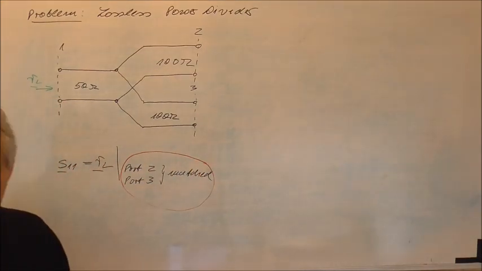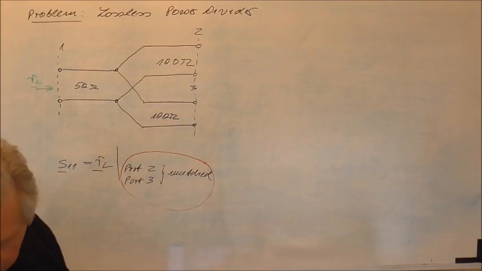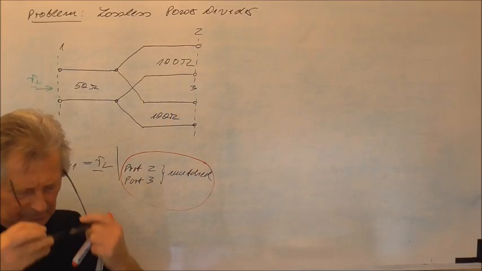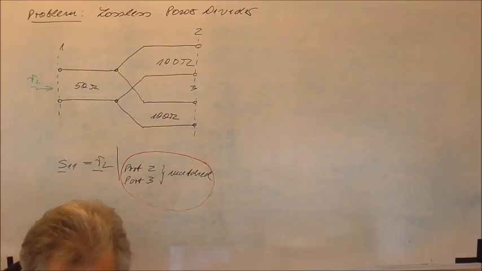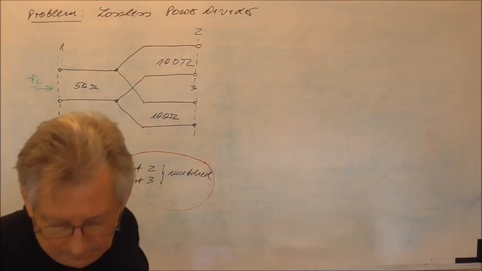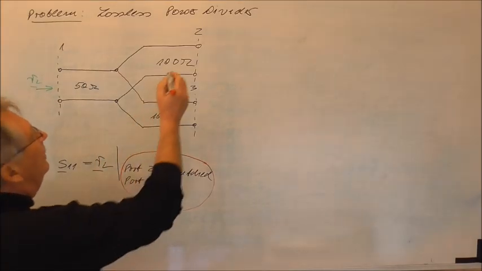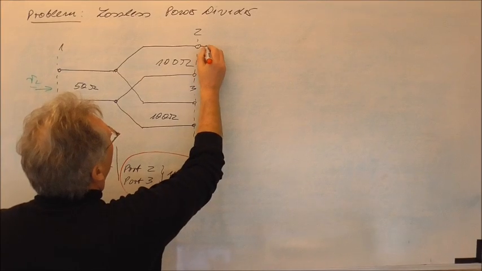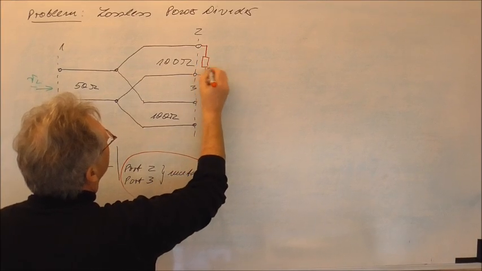And again, my question to you, what do I have to do now on port 2 and port 3? Can somebody answer? Match 100 ohm load. Yeah, we must connect here a 100 ohm load.